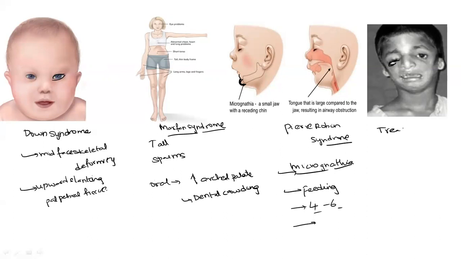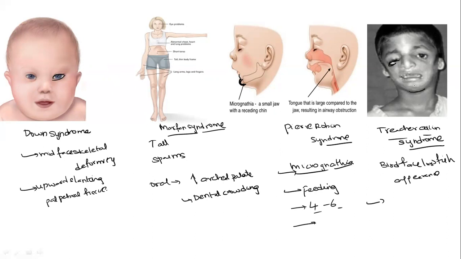Now we come to Treacher Collin syndrome. Now what happens in Treacher Collin syndrome is the facial appearance is bird face or fish face appearance can be seen. And then here there is hypoplasia of mandible, maxilla, and zygoma.